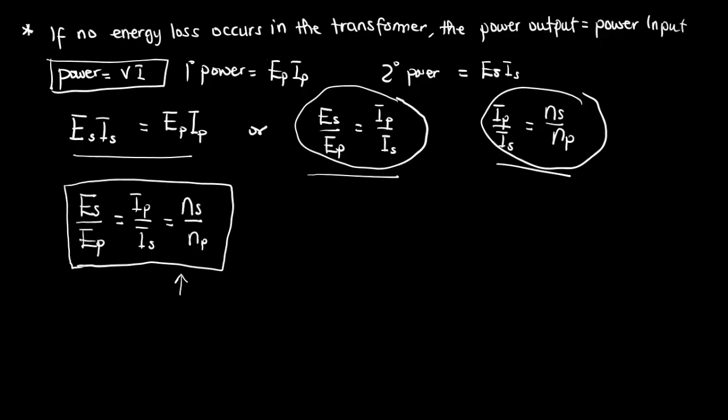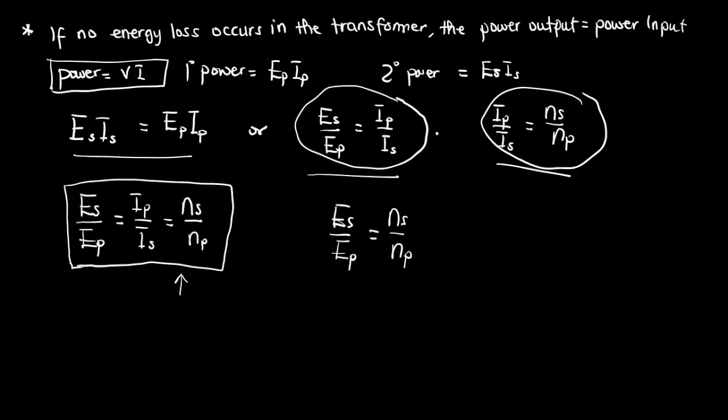You can see ES at the top here, NS at the top here, EP at the top here, NP at the top here. So I can write ES over EP is equal to NS over NP. Because they have this in common, it means this is also equal to this.